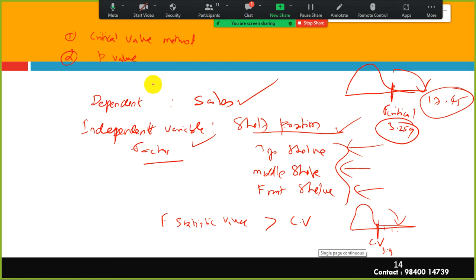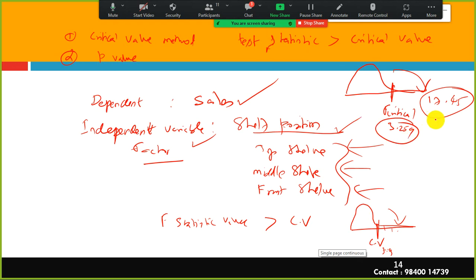But you need to remember certain basic things. Critical value method: if the test statistic value is greater than the critical value, you need to reject the null. Look here, the test statistic. In this case, the test statistic is the F statistic. In the case of a T test, it is the T statistic.